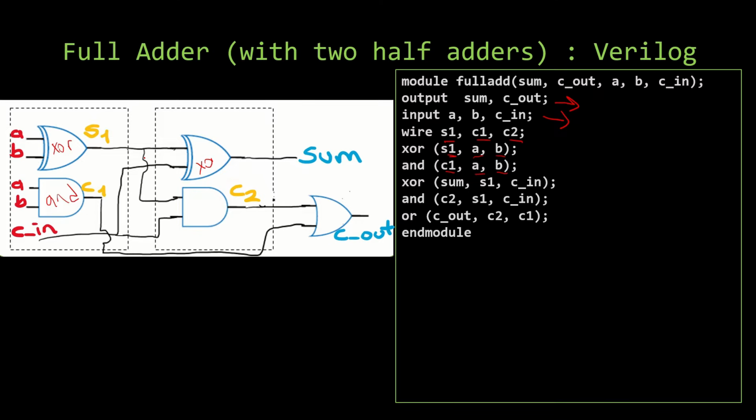Our second XOR here is defined with the output as sum and inputs S1 and carry in. And the second AND gate is defined as output C2, inputs S1 and carry in. And finally, this OR gate is defined with the output carry out and the inputs C2 and C1. And after that, we close our module with the endmodule command.